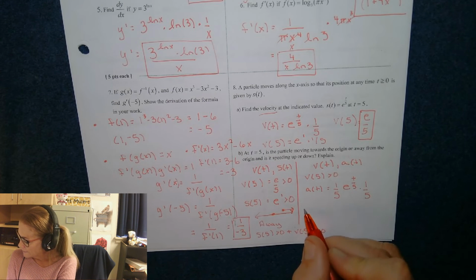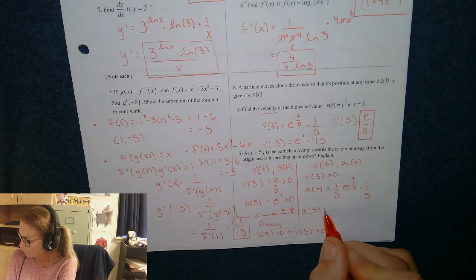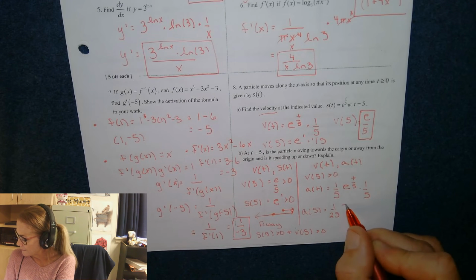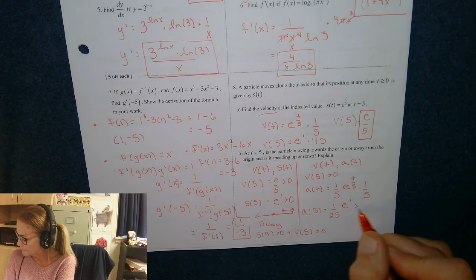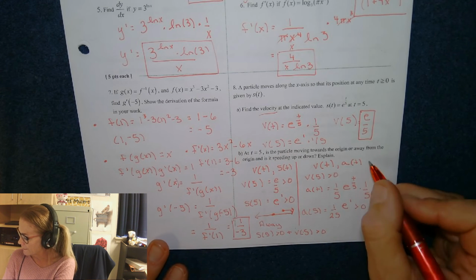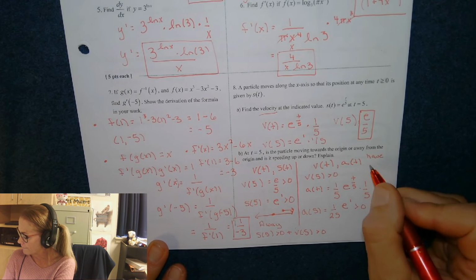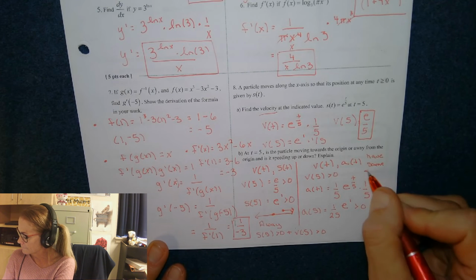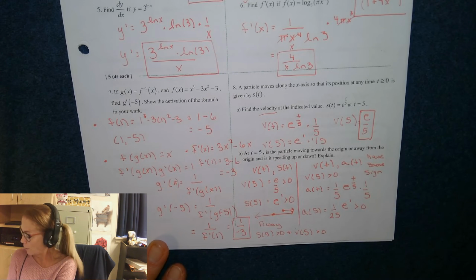All right. So a of 5 will be 1 over 25 times e to the first, which is positive. So they're both positive, same sign. a and v have the same sign. So speeding up.